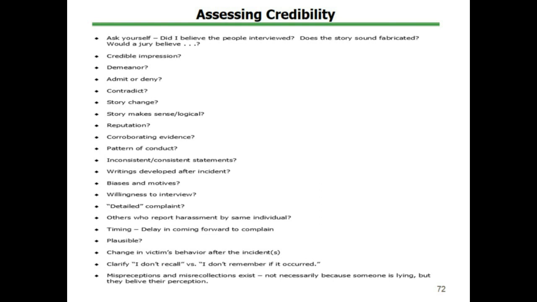You don't need to necessarily include every one of these, but you can't just say, well, their story makes sense and it's logical. Well, how did it make sense and it was logical? Or maybe you're talking about corroborating evidence. Well, what was that corroborating evidence? Or maybe you're talking about a detailed complaint. And by the way, people that are lying usually do not have a detailed complaint. So you would give the example.